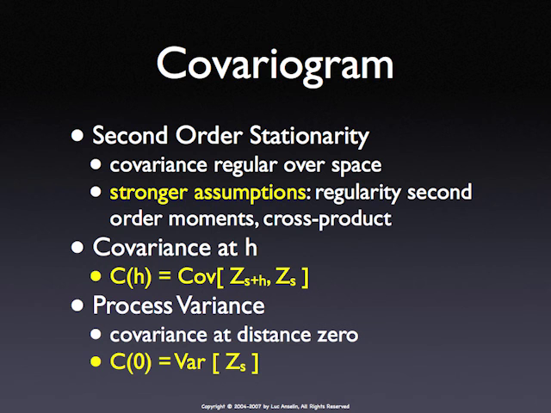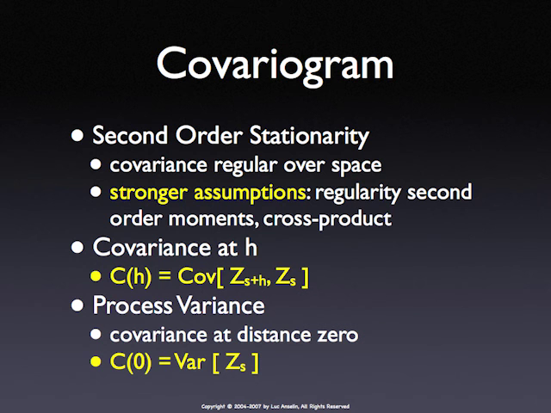What we get at 0 is the product of s with itself, so that is the variance of the process. So the covariance at distance 0 is the variance of the process. As you move away from distance 0, the covariance decreases. The similarity decreases. This is Tobler again. Closer is more similar, further is more dissimilar, so the covariance goes down with distance.